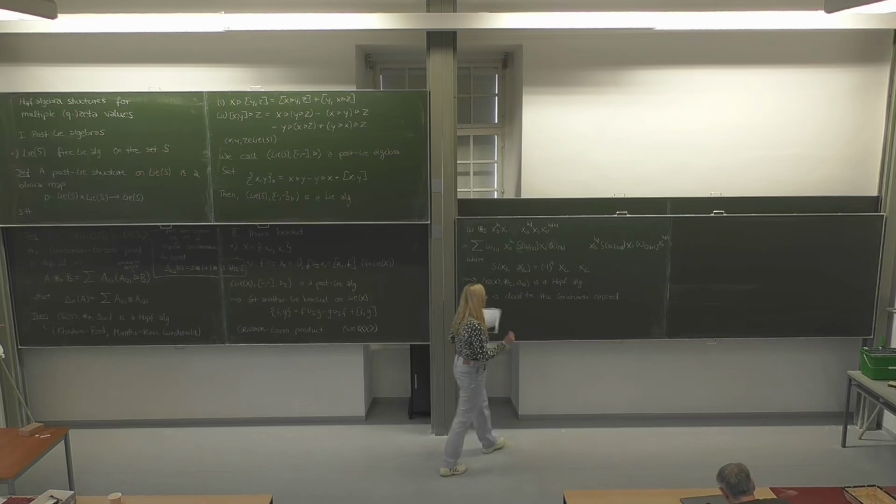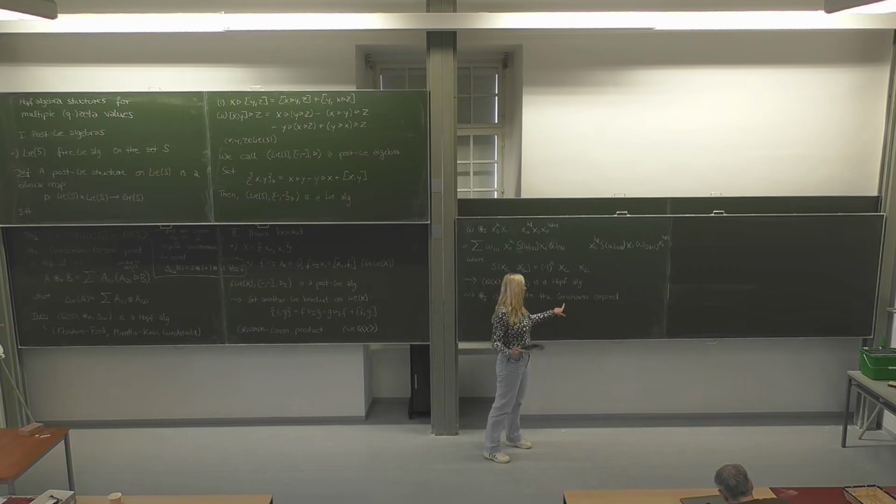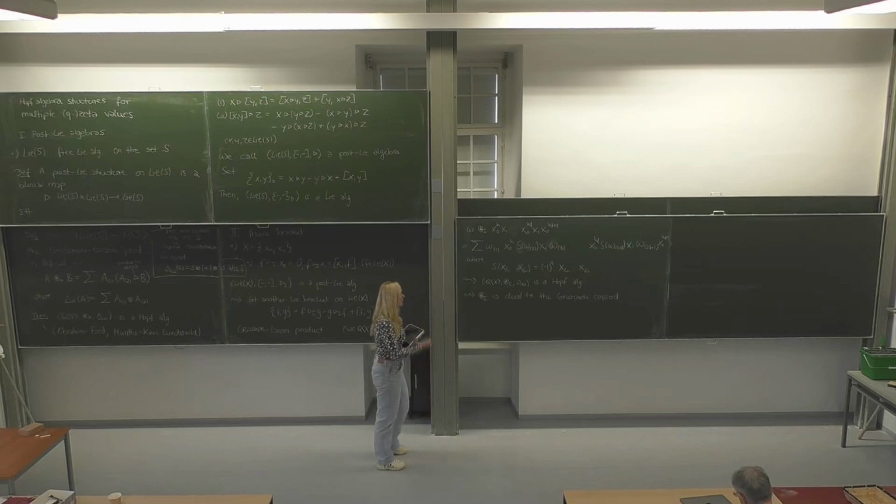If you've never heard about this coproduct, I think it's not too important, but this is a very nice coproduct in the context of multiple zeta values. And you can really just combinatorically calculate the dual now and will end up with a formula for the Goncharov coproduct.